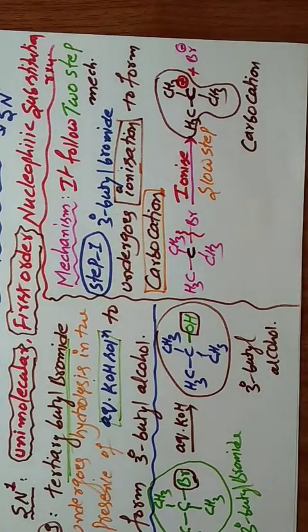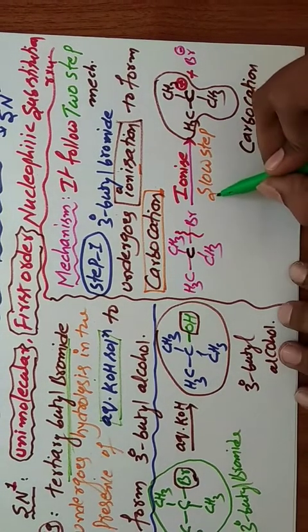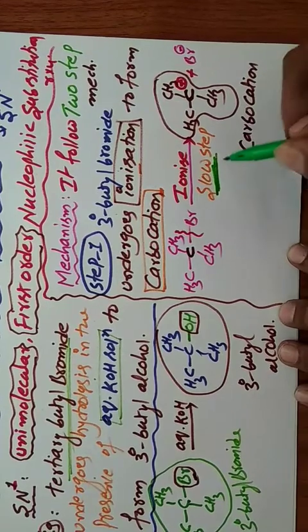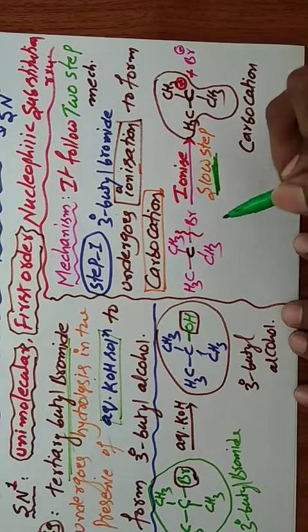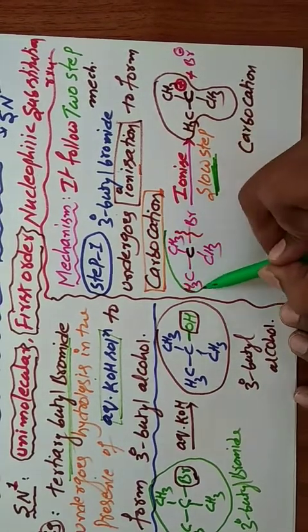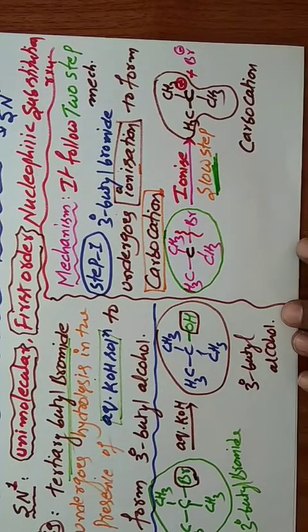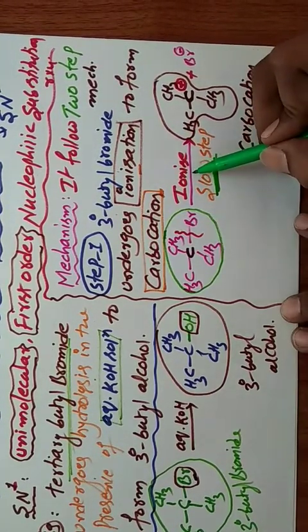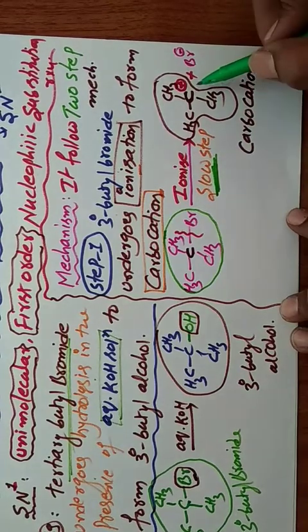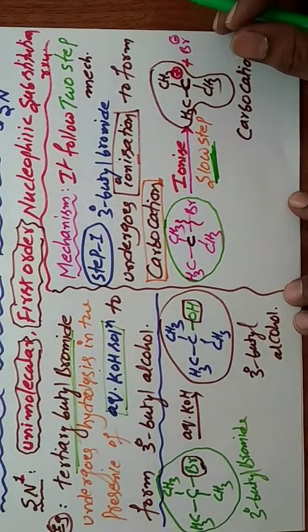And also one more thing, this is the slow step. What is the reason? Actually, this tertiary butyl bromide is a stable compound. Whenever it is involved in ionization, it is converted to a positively charged compound.